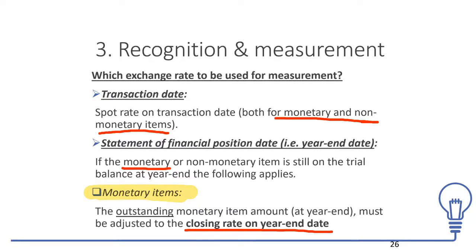With regard to the transaction date, we know that we need to measure it on the transaction date, because we've done transaction dates before. When we get the goods, let's say on the 1st of May, we bought the goods.